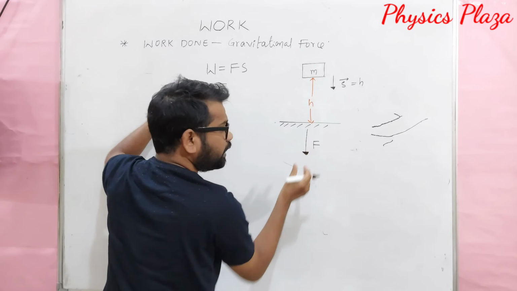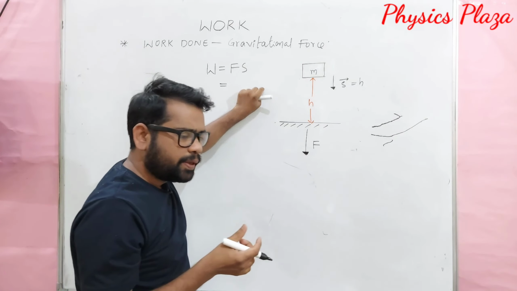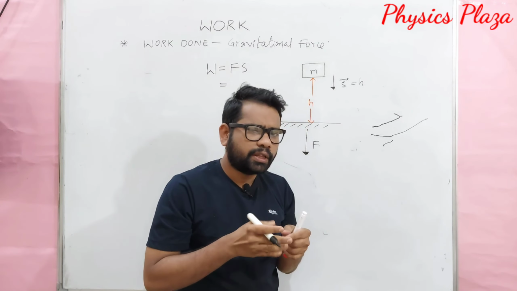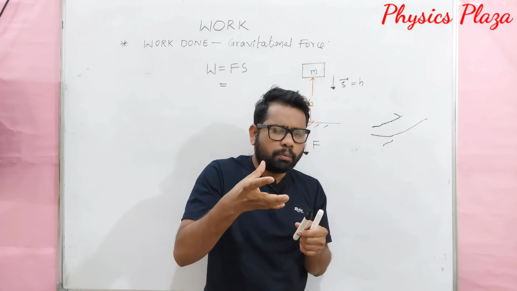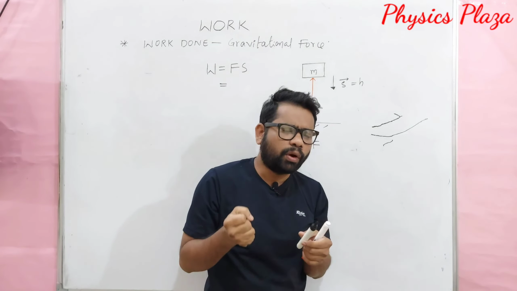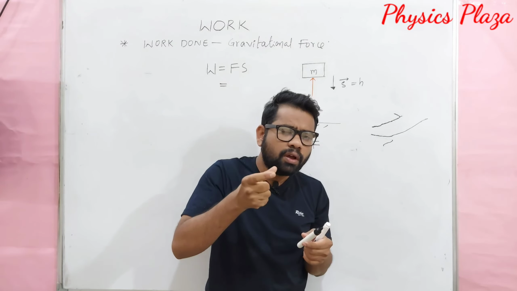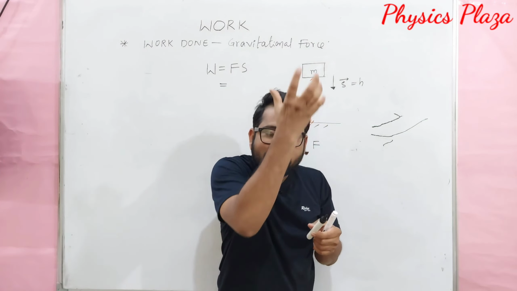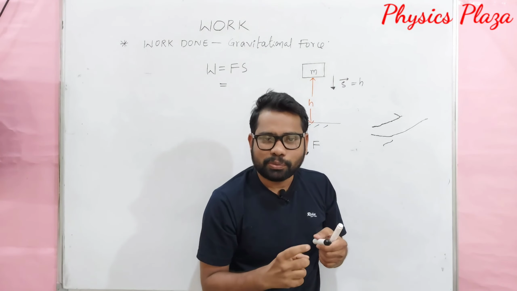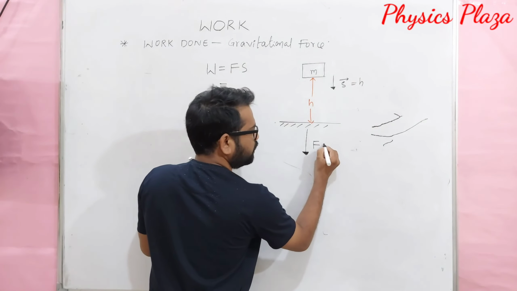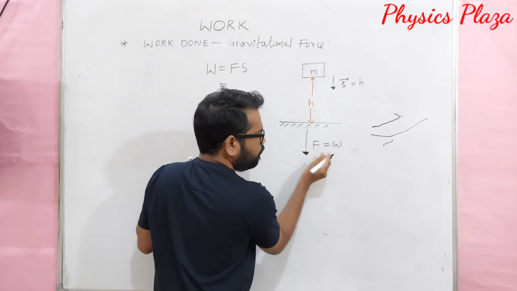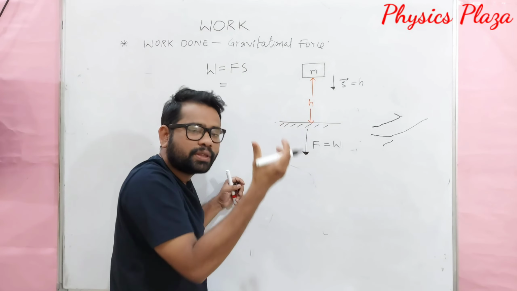Then how to calculate the F? Children, if you think about it, due to the gravitational force only, the body possesses what? Weight actually. What is weight? Weight is nothing but the force with which the body is pulled by the gravity.